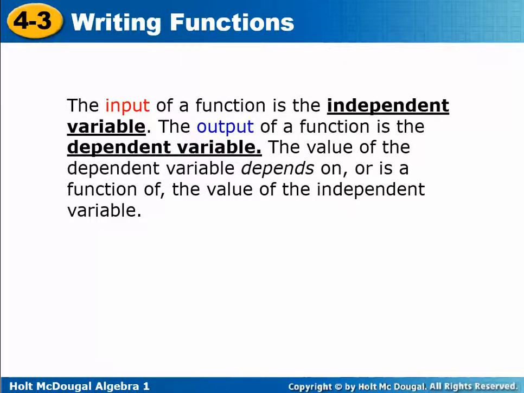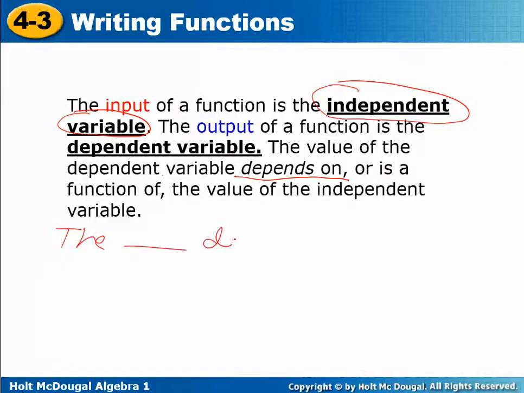The input of a function is the independent variable. So your domain, your input, your x values are the independent variables. They get so many names. The output, what you get out of it, is the dependent variable. Here's a way to try to find out which is which. The value of the dependent variable depends on the value of the independent variable.